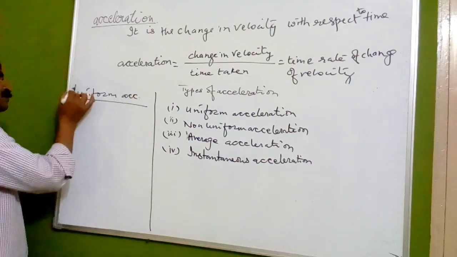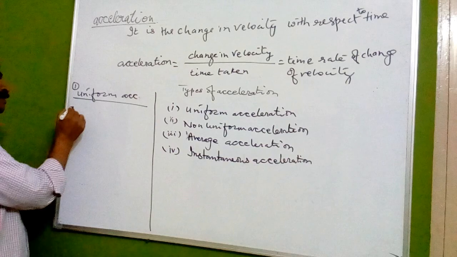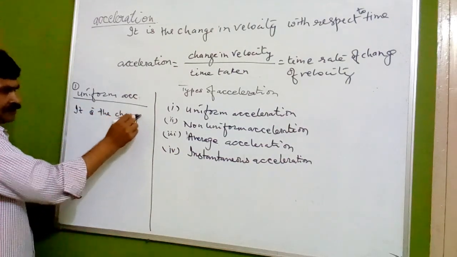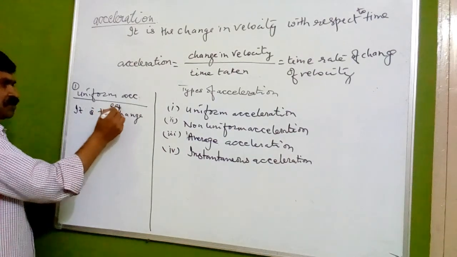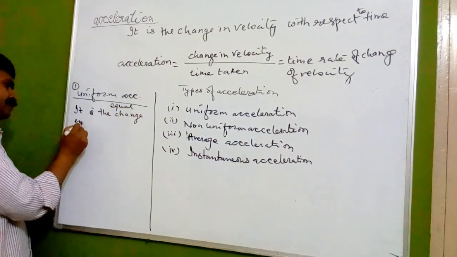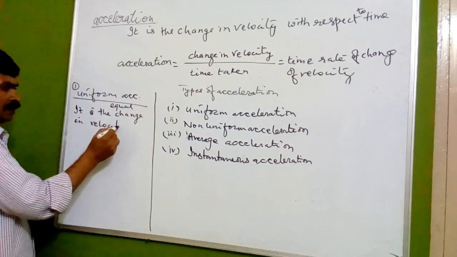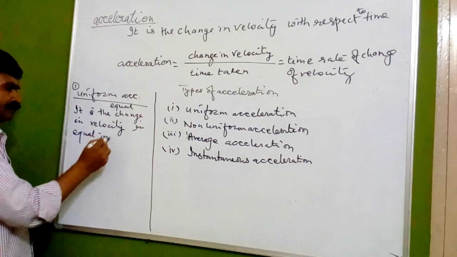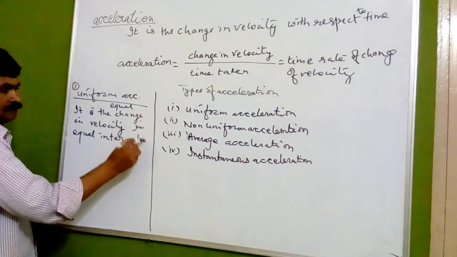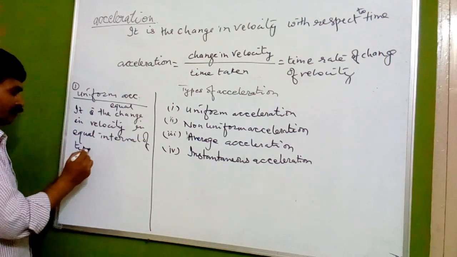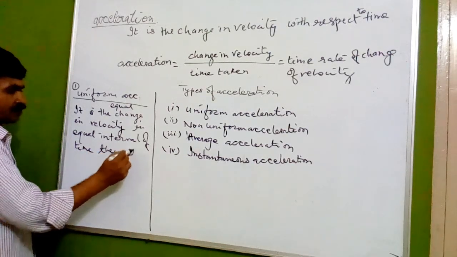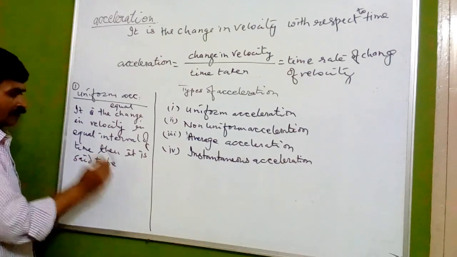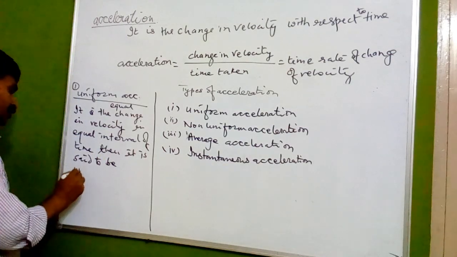Uniform acceleration is when there is equal change in velocity in equal intervals of time, then it is said to be uniform acceleration.